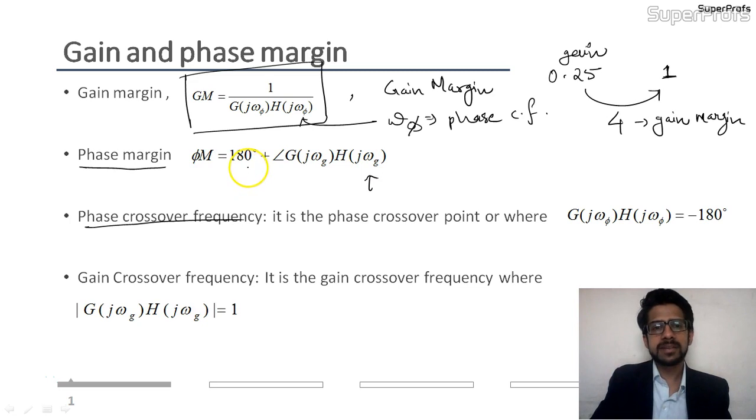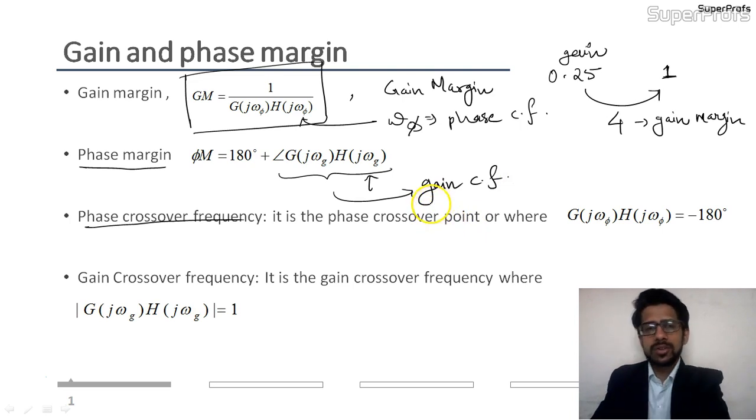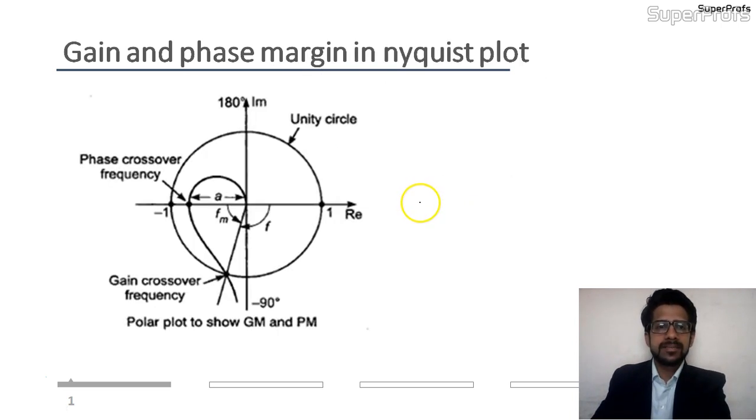The phase margin is given by 180 degrees plus the angle of g of j omega g into h of j omega g. This is the phase at the gain crossover frequency. I hope you have understood how to calculate gain and phase margin.